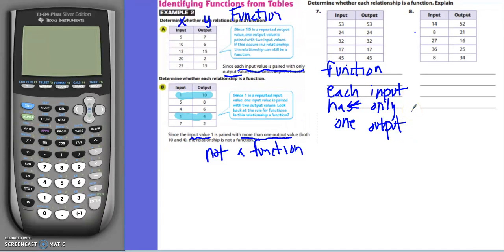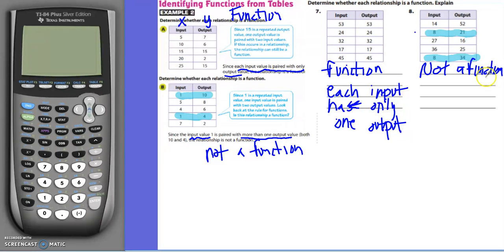Alright, let's look at number 8. 14 with 52, 8 with 21, 27 with 16, 36 with 25, 8 with 34. Right here, I have 8 and 21 and 8 and 34. This is not a function.